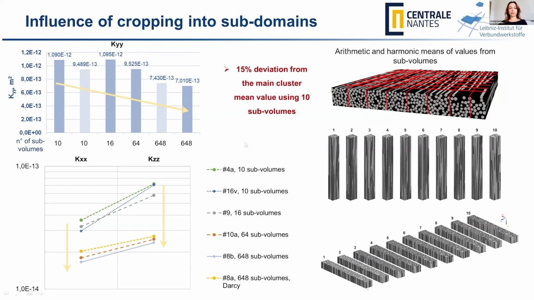But we have to pay attention, of course, to the number of subvolumes. And this technique allows us to calculate only the main permeability tensor components, like here. If we have anisotropic effects, we will not be able to capture them on the scale of the whole volume by using this approach.